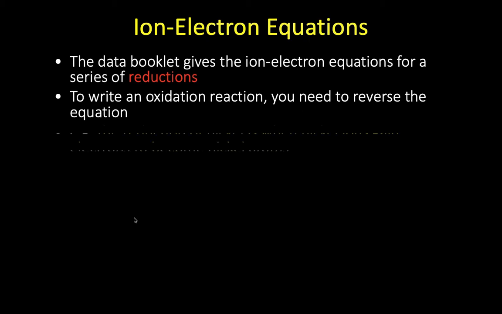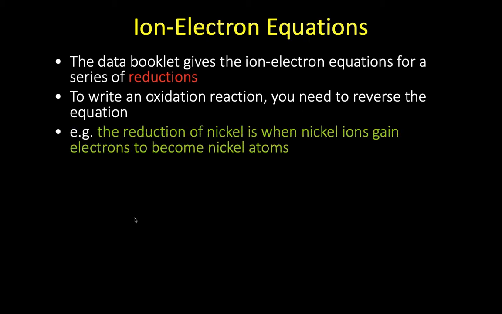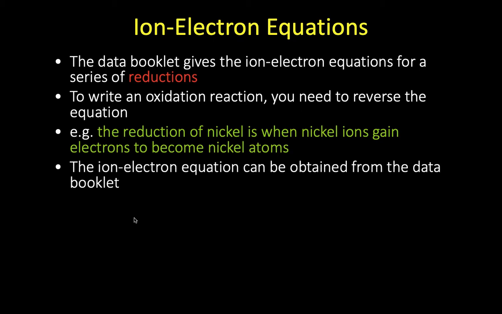Let me explain. The reduction of nickel is when nickel ions gain electrons to become nickel atoms. So the ion-electron equation for this can just be lifted straight from the data booklet, and it shows Ni2+ ions gaining electrons to become the nickel atom.